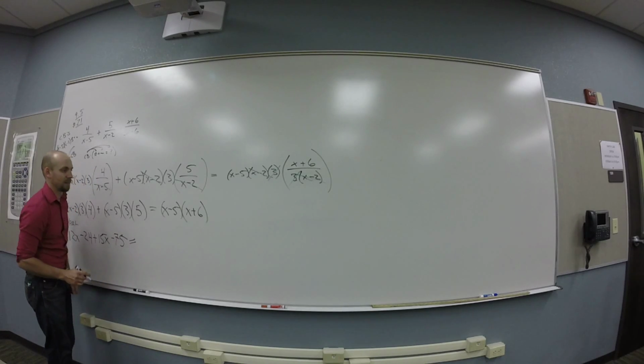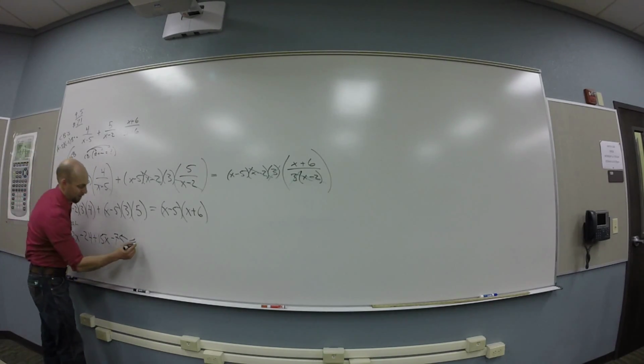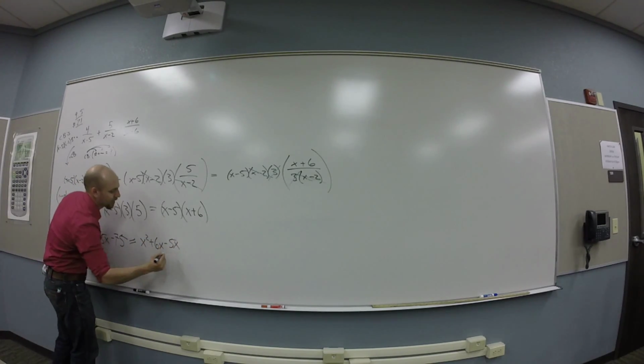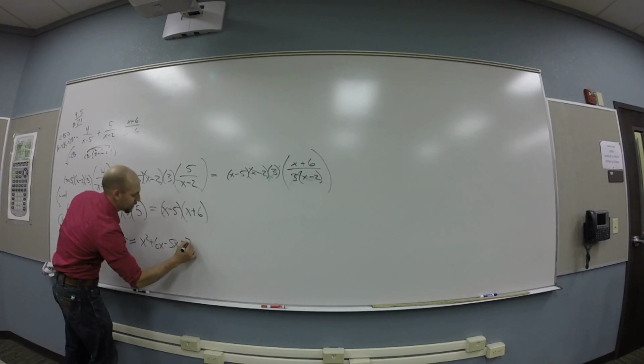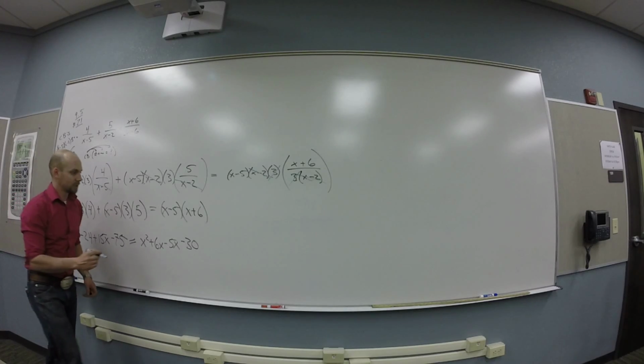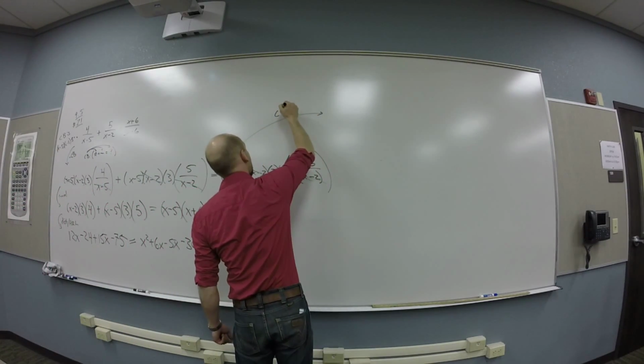Equals, what do you got on the other side? x squared plus 6x minus 5x minus 30.